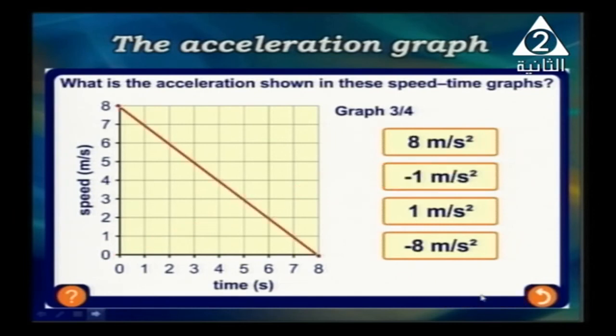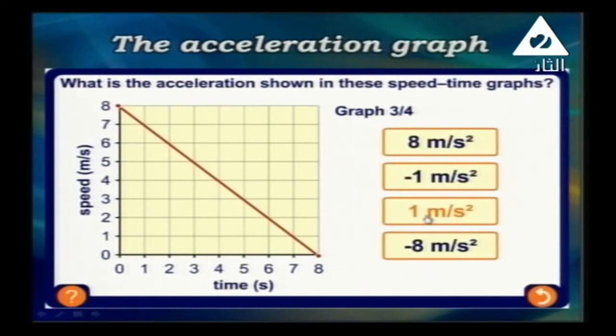Next, you have another one. Here we have another different slope. So the gradient here or slope here, it means down. It moves down. It goes down. So from 8 meters per second to 0 here. So it means what? 8. And 8, it means what? Which one of them? 8 divide 8.